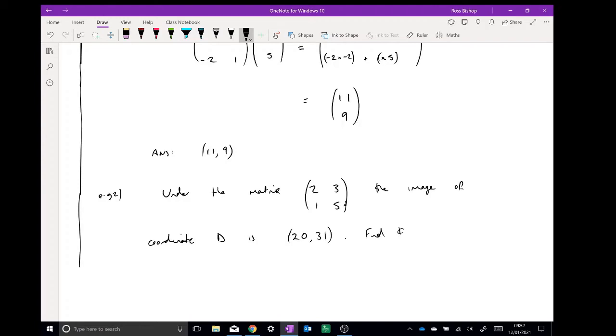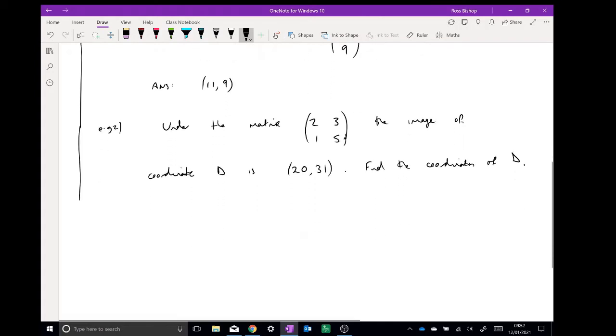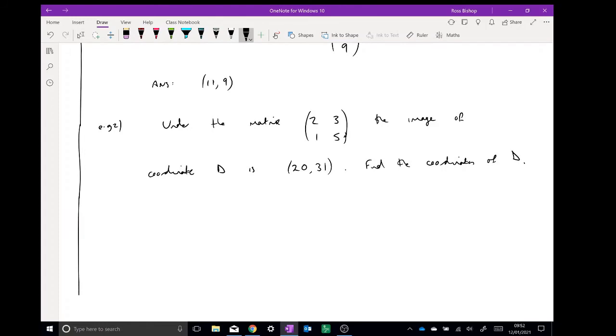Find the coordinates of D. Under that matrix, it tells us what the image is this time. It tells us where the coordinates are going. If we had a quick axis here, (20, 31), let's put it up there somewhere. That is the image of D, D dash. We're trying to work out where D is before it moved to that location. We're trying to go back in time.